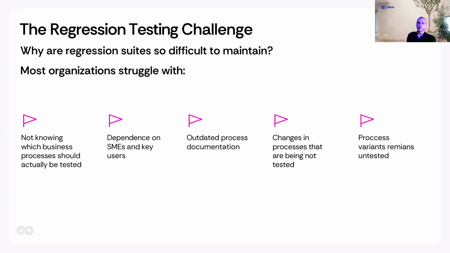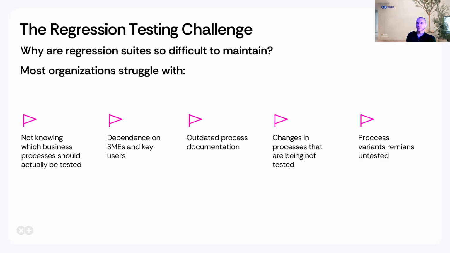So very often test managers may have a problem finding out what should be tested, what is critical to test, which processes are less critical and can be tested less, how many variants of the processes we have, and so on.